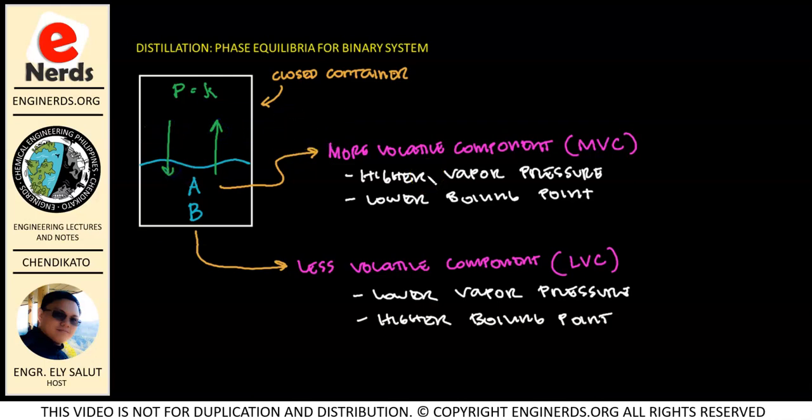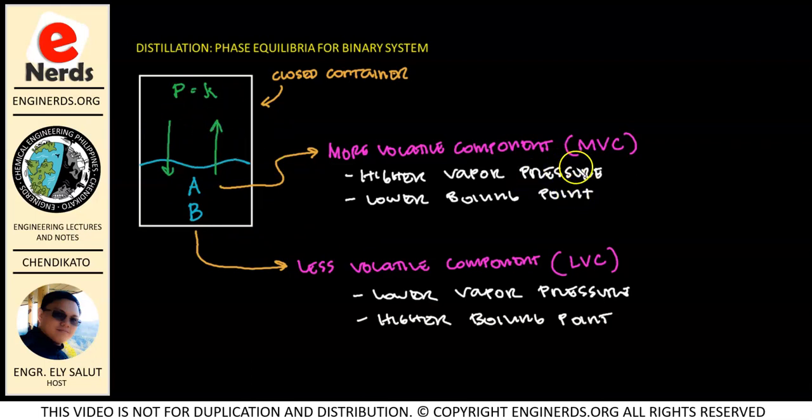Now, it is very important in the study of distillation to consider the concentration of our MVC and the concentration of our LVC, both in the liquid phase and in the vapor phase.